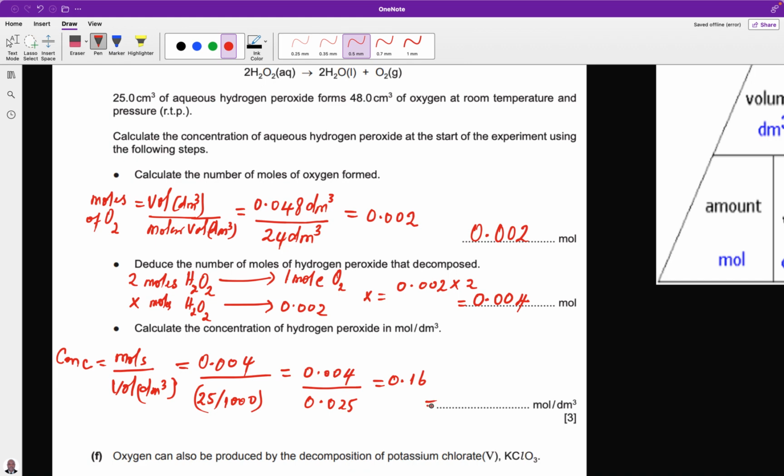And therefore, our answer here will be 0.16 mole per dm cube.